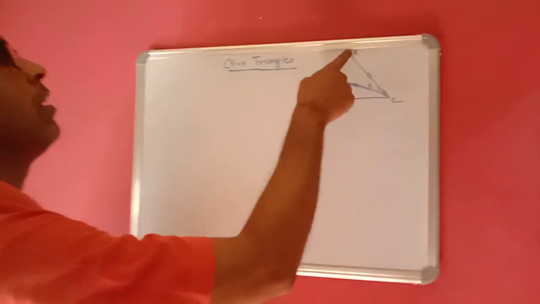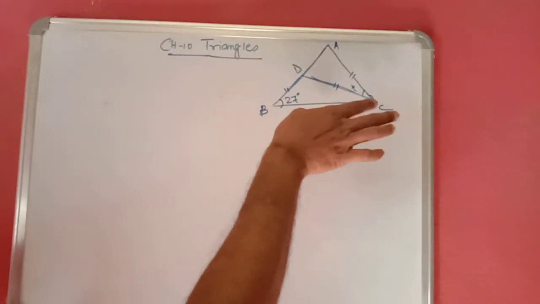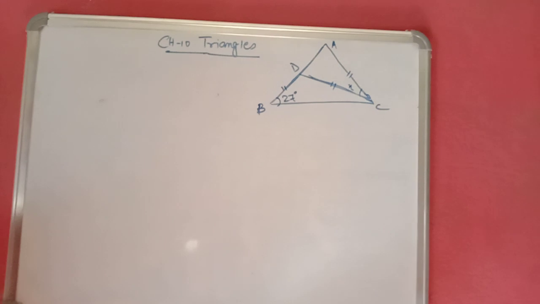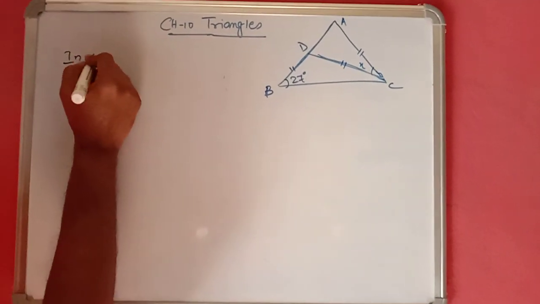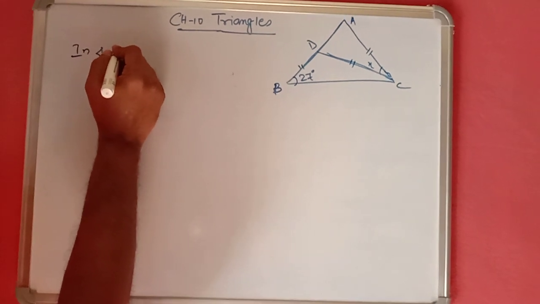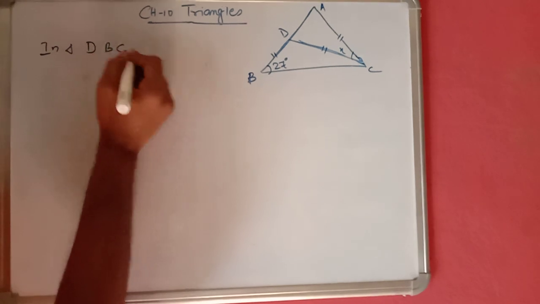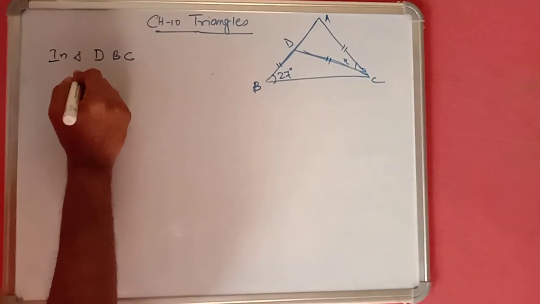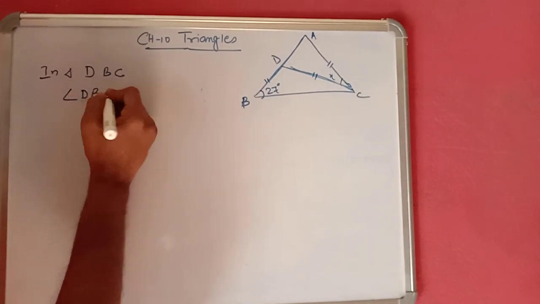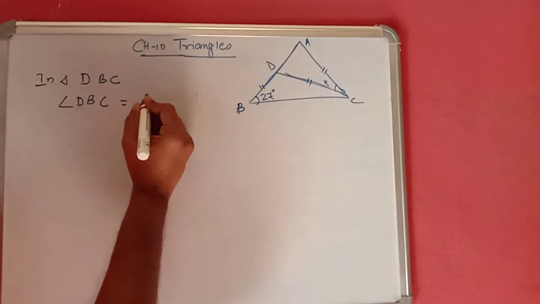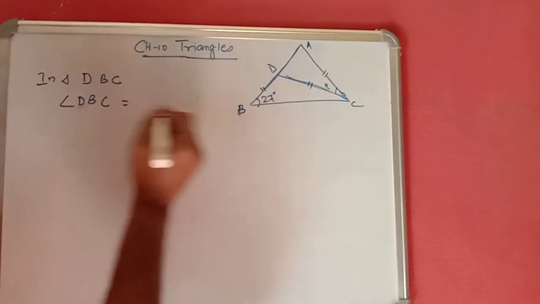See this figure. It is given ABC is a triangle. Here you have to find out the value of x. So first of all we have to see in triangle DBC, angle DBC equal to angle BCD.